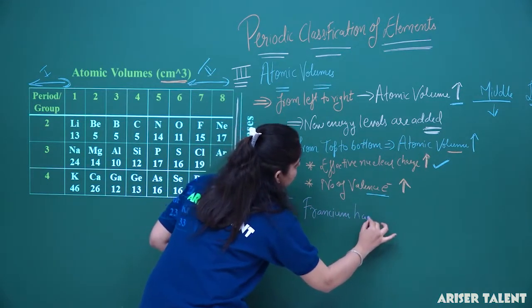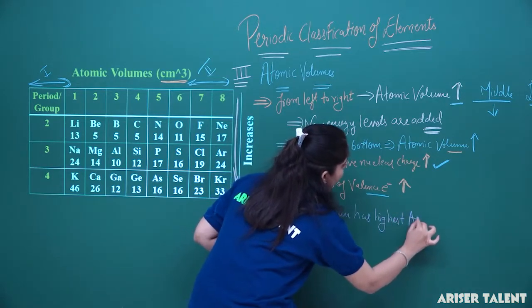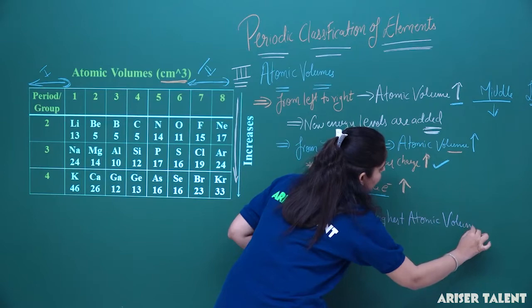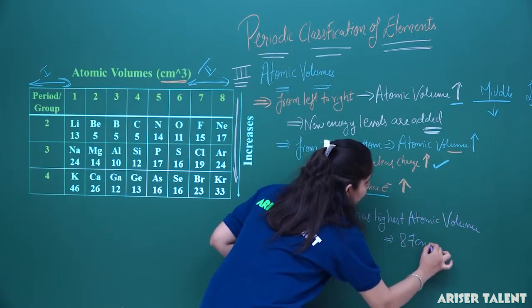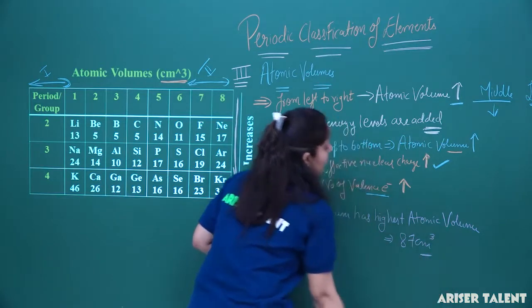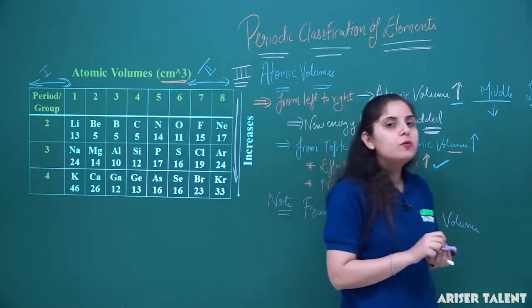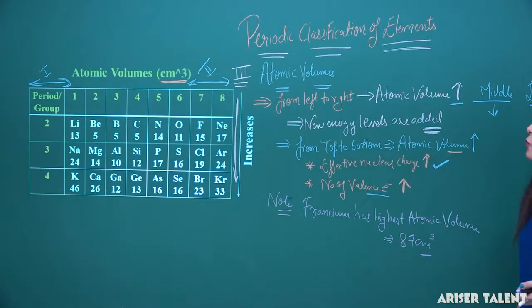Francium has the highest atomic volume. And what is the atomic volume for francium? It is 87 centimeter cube. So this is the trend in atomic volumes we have observed here. Copy it from here so we can proceed to the next one.